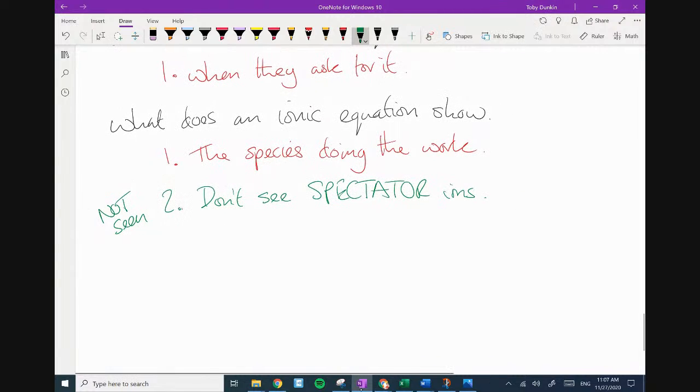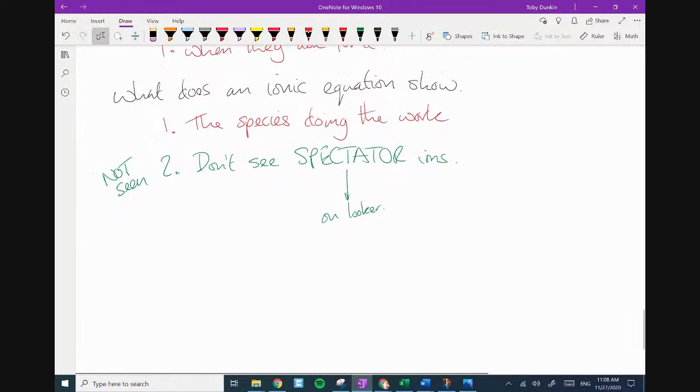The word spectator simply means onlooker. A spectator at a concert, a spectator at a sports event, they are not playing football, they're simply watching it from a distance. They are not actually doing anything.